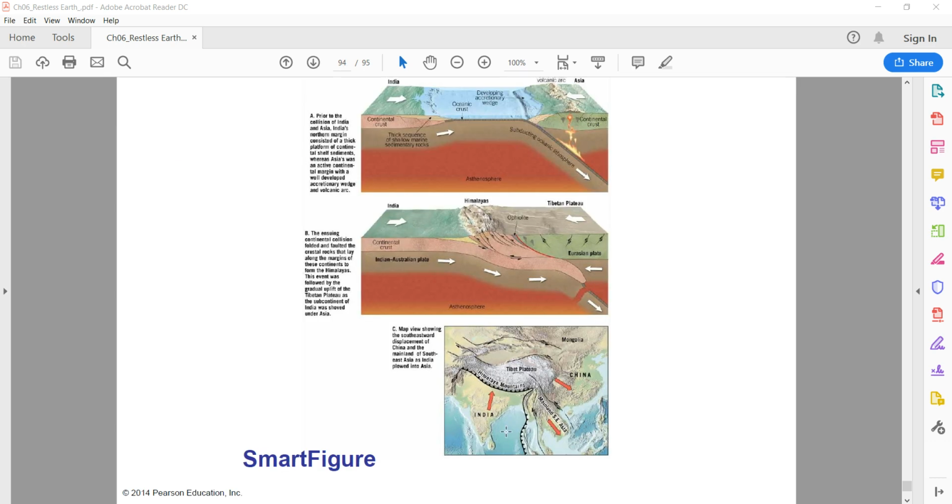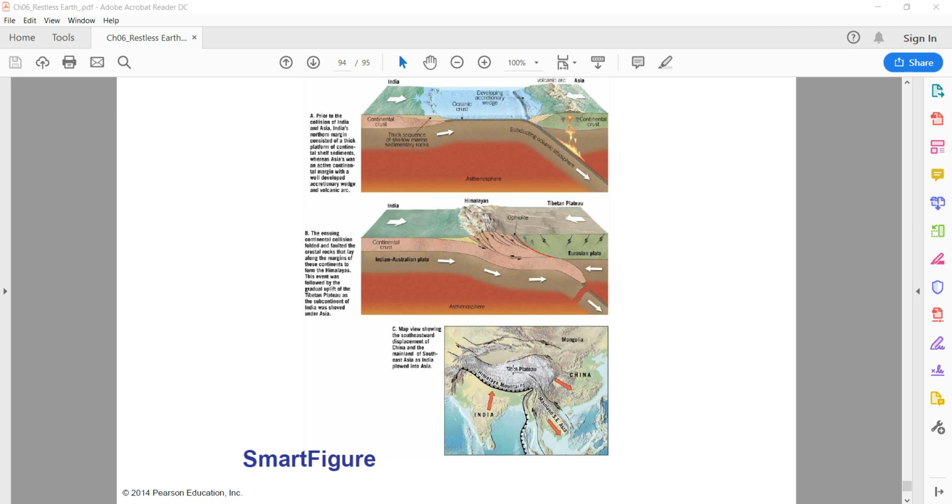And that collision between the Indian plate and this Eurasian plate has caused this expansion of the Chinese region here. So mainland Southeast Asia and eastern China have simply elongated from the main continental region.